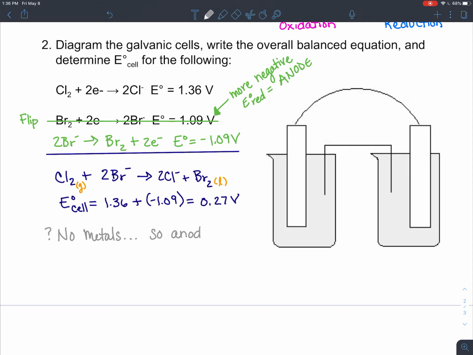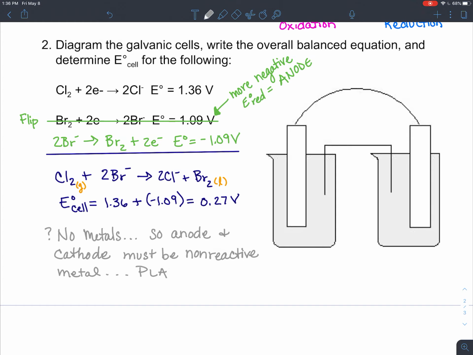So the anode, and in this case, and it doesn't always have to be both of them, and the cathode must be a non-reactive or unreactive or low reactive metal.